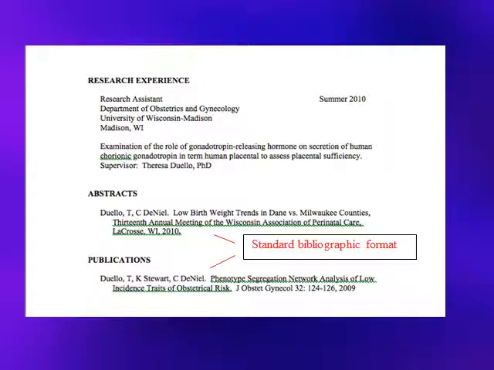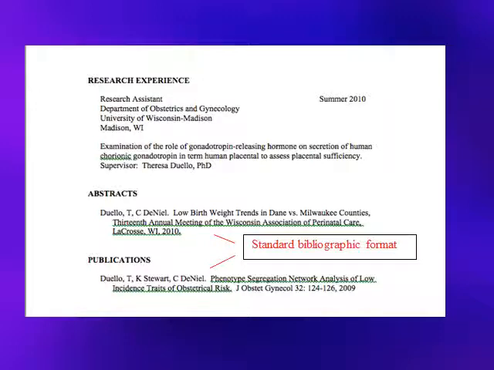So what I recommend here strongly is you use a standard bibliographic format. If you go to your librarian, they will be happy to help you with this. There are many correct standard bibliographic formats. Different scientific journals use different formats. What you need to do here is pick one and be consistent in your use of it.